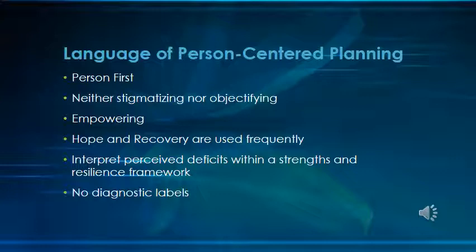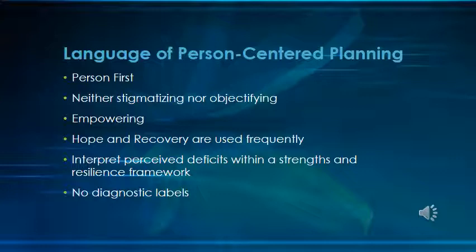Second, the language used is also empowering, avoiding the eliciting of pity or sympathy, as this can cast people with disabilities in a passive victim role and reinforce negative stereotypes.